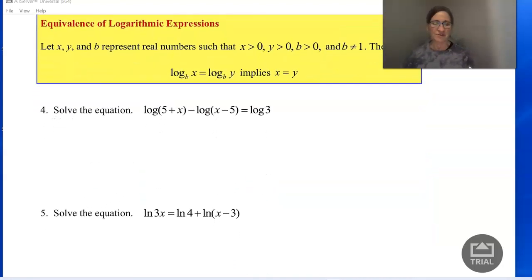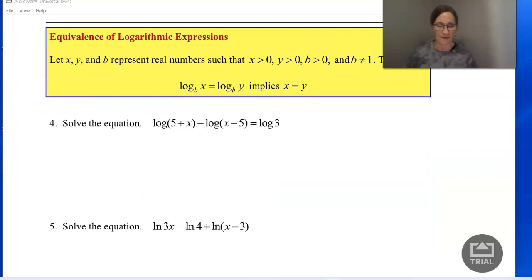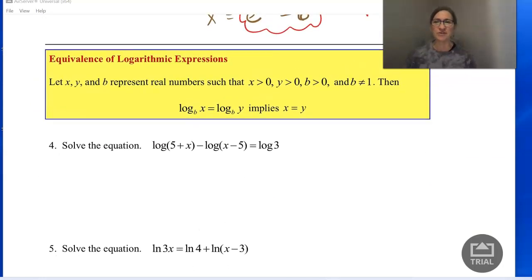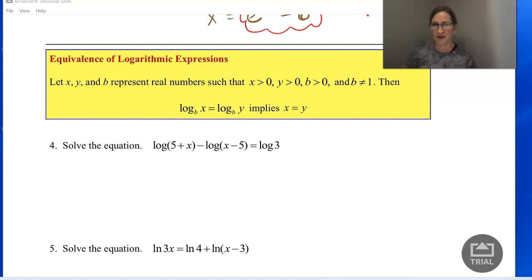So I'm going to show you a shortcut that works for a certain type of logarithmic equation. This is going to be when we're able to use an idea of equivalency. Equivalency is going to happen when you have logs on both sides of the equation.